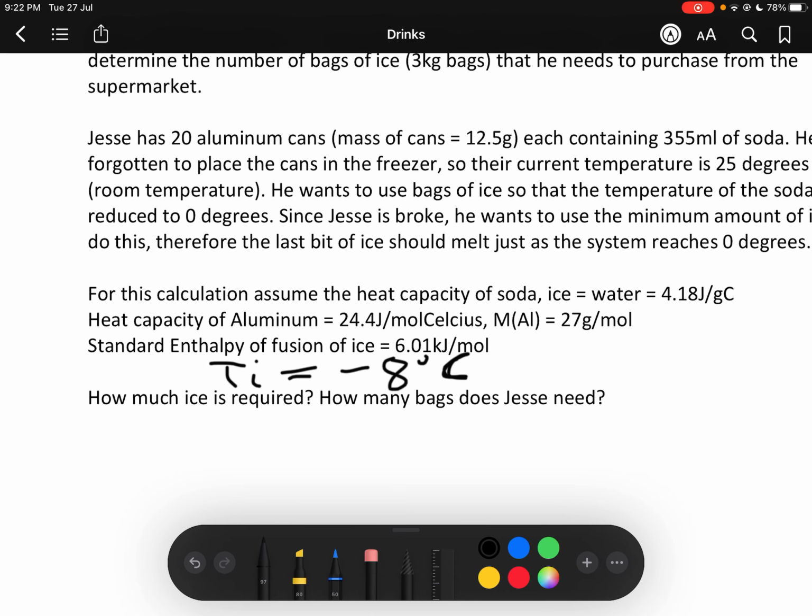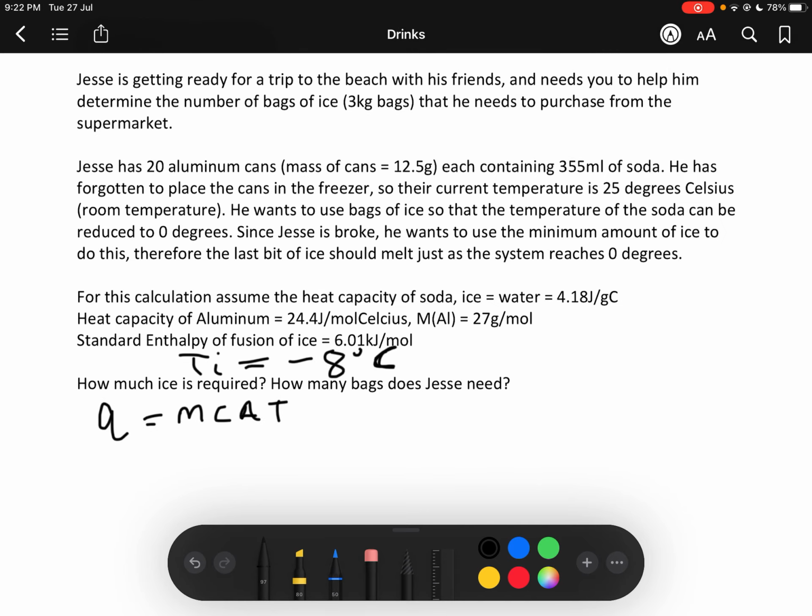So we're going to use our formula, that's Q equals mc delta T. We're going to find out the total amount of soda that we need to decrease the temperature of. In this case, we have 355 milliliters, which we can say is approximately just 355 grams, assuming 1 gram per milliliter density for water. That's going to be multiplied by 20, since we have 20 different cans.